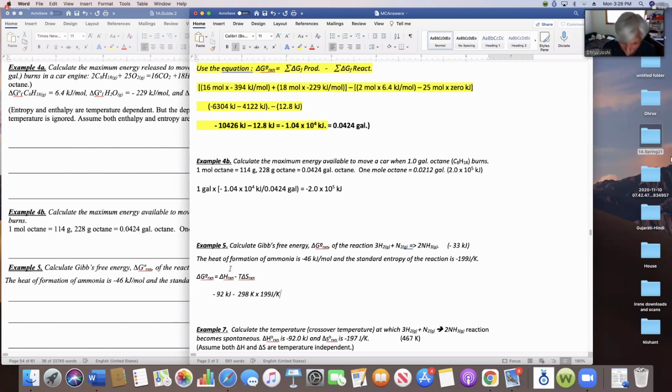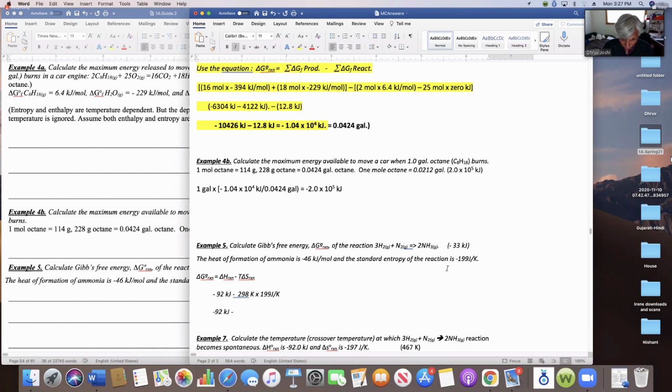The only thing we need to do is be careful that we have the same units. You see why units are so important? If we don't use the same units, we are screwed here. Okay, so 298 multiplied by 199.